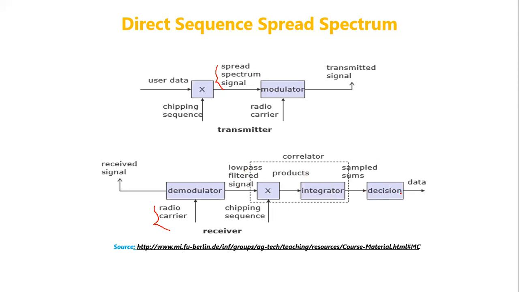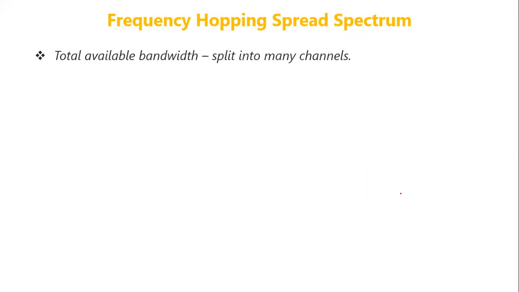The next kind of spread spectrum that we will be discussing is frequency hopping spread spectrum.